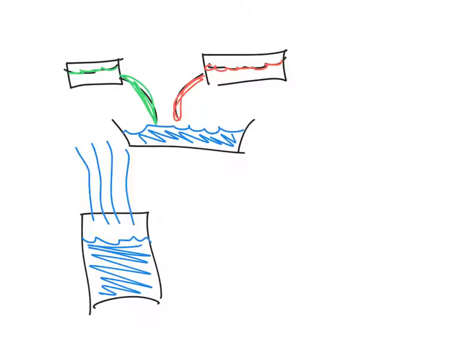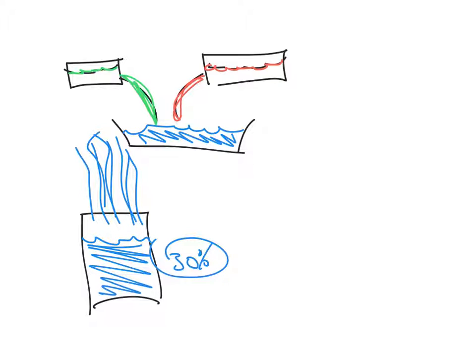So let's say that this is 30% salt. Well, as water starts evaporating out, the concentration of salt gets higher. There becomes more and more salt because there becomes less and less fresh water. So as we take the fresh water out and leave the salt in, the percentage of salt increases. There doesn't become more salt because we didn't add any to it, but the ratio of salt to water increases.